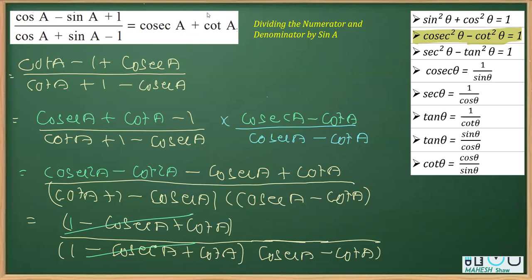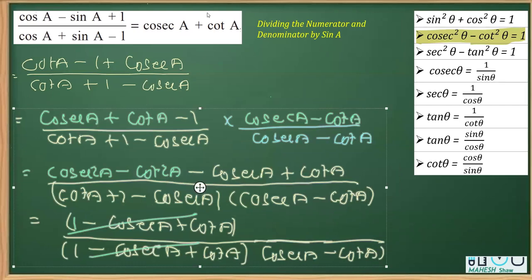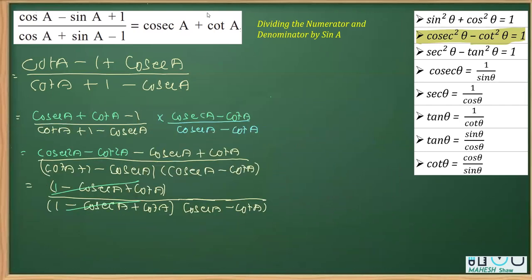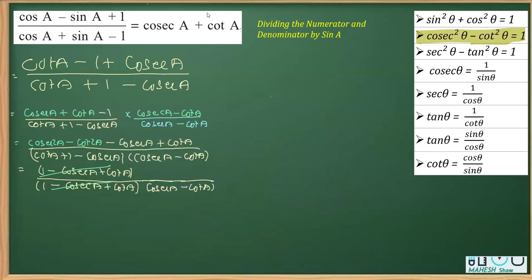Once we have simplified this, what are we left with? We are simply left with 1 over cosec A minus cot A, but that is not equal to the RHS.